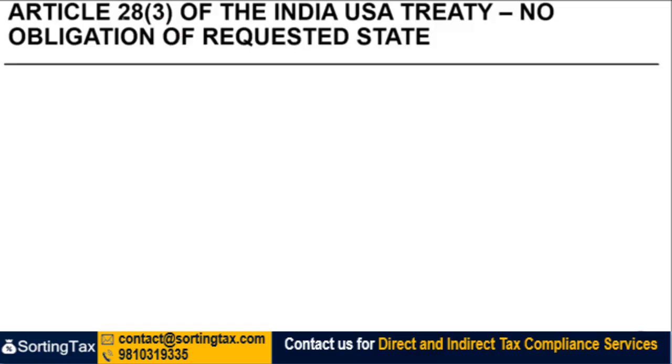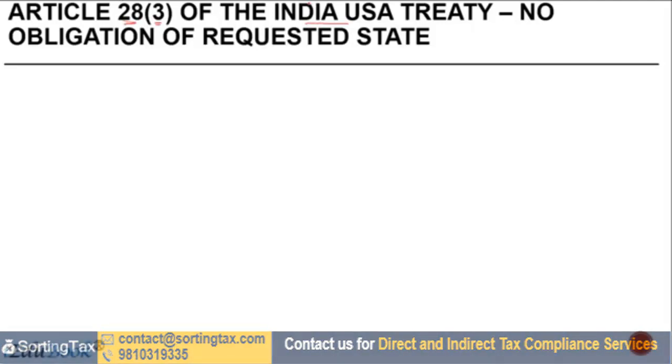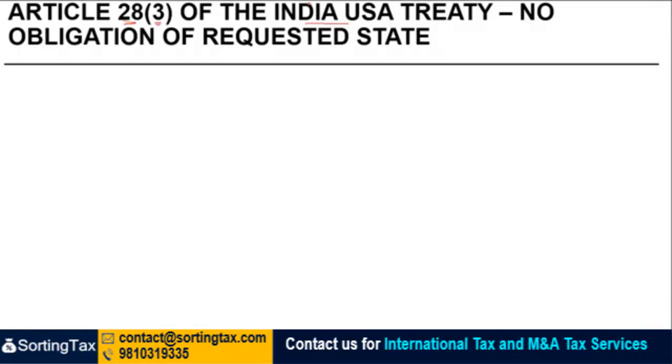Let us look at the provision of Article 28, paragraph 3 of the India-USA Treaty. What this provides is that, irrespective of what is there in paragraph 1 or paragraph 2, the requested country shall not be under an obligation to carry out certain measures which are listed in this particular paragraph.